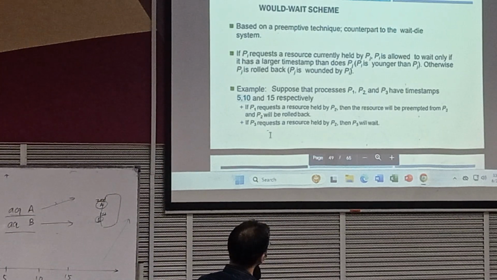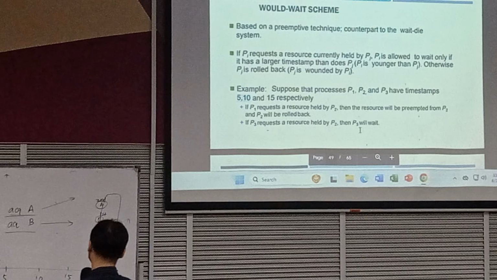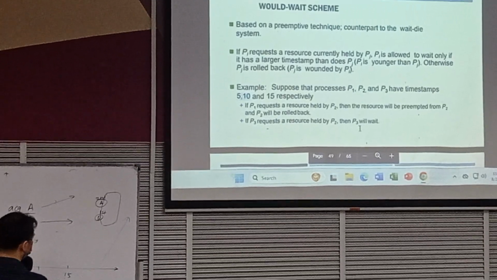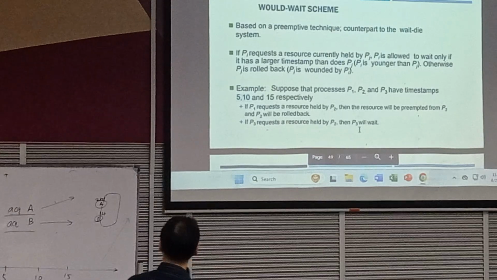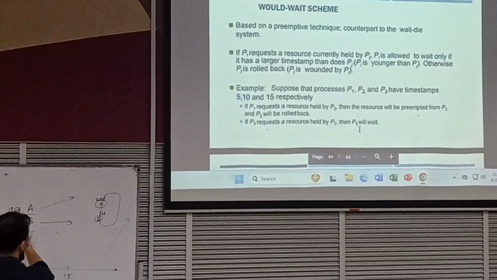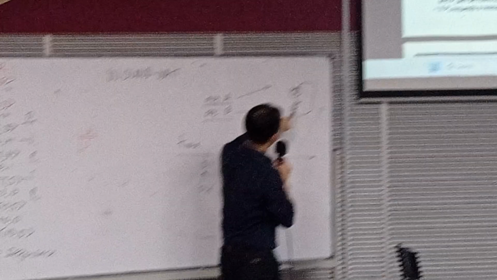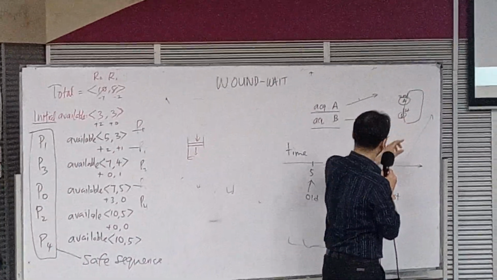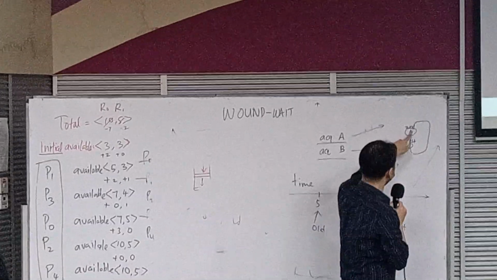If P3 is requesting the resource that is held by P2, and P3 is the latest, in this case it has to wait, because it's in correct order. For example, if B arrives first and then it holds, it is 10. But A actually should get it, right?